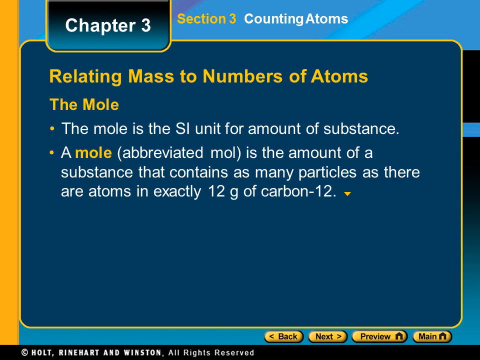Mole, which is abbreviated mol, you got to learn these abbreviations, is the amount of a substance that contains as many particles as there are atoms in exactly 12 grams of carbon-12. So we can mathematically figure out how many atoms there are in 12 grams of carbon-12.